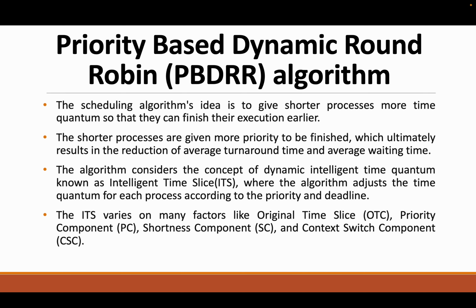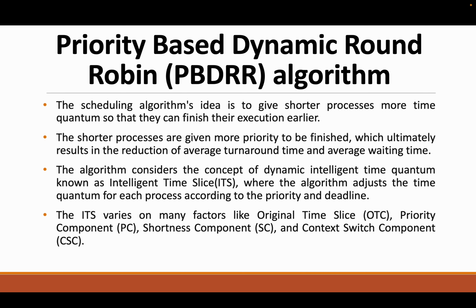This is the base time slice allocated to a process without special conditions. It also considers a priority component whose value is either 0 or 1, and the shortness component. This evaluates the difference in burst time between the current and predecessor process.